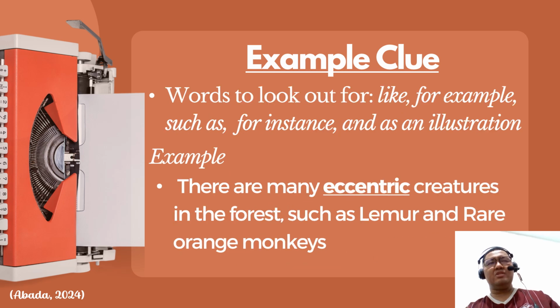There are words to look out for in example clues, such as like, for example, such as, for instance, and as an illustration. Another example: there are many eccentric creatures in the forest, such as lemurs and rare orange monkeys. We have the clue word such as, and then the animals lemurs and rare orange monkeys.